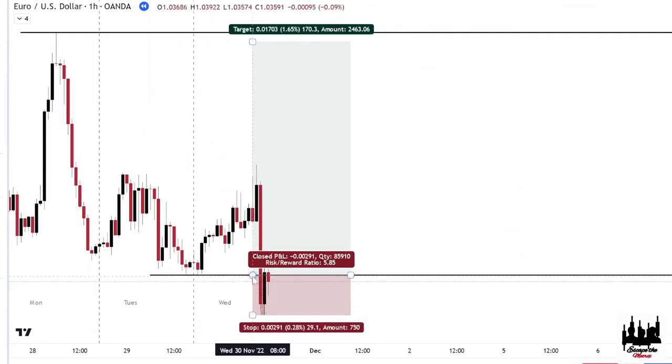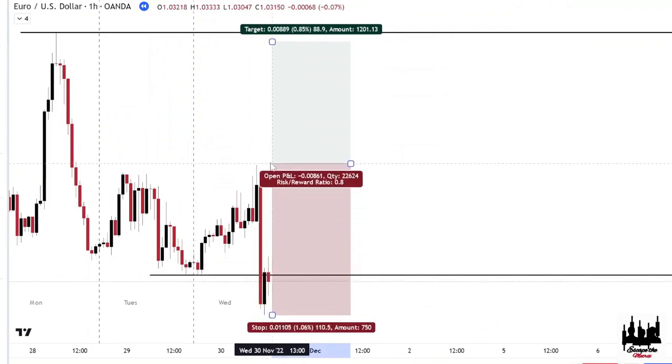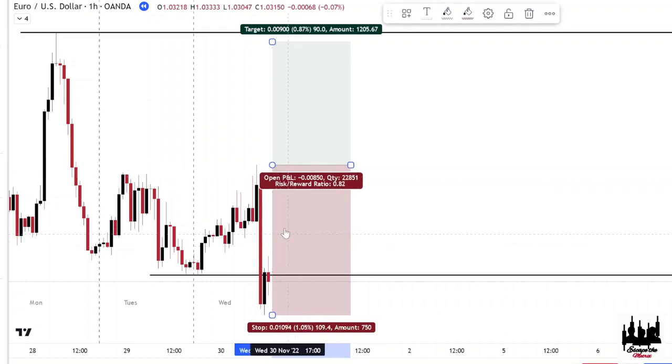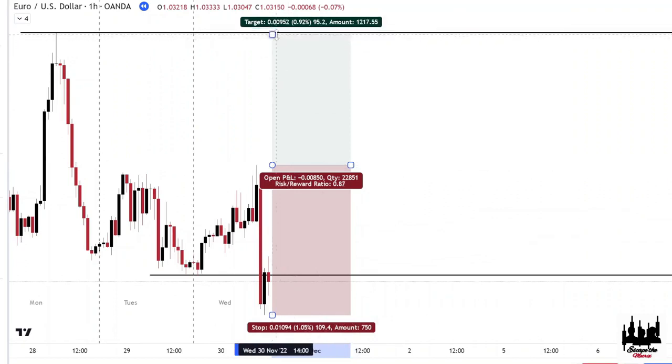Or you can have a safer option, which would be trading the last significant resistance level. But if you take an entry right here and your stop loss right here, this just defeats the purpose. To be honest, it's not an efficient trade just for the risk to reward.